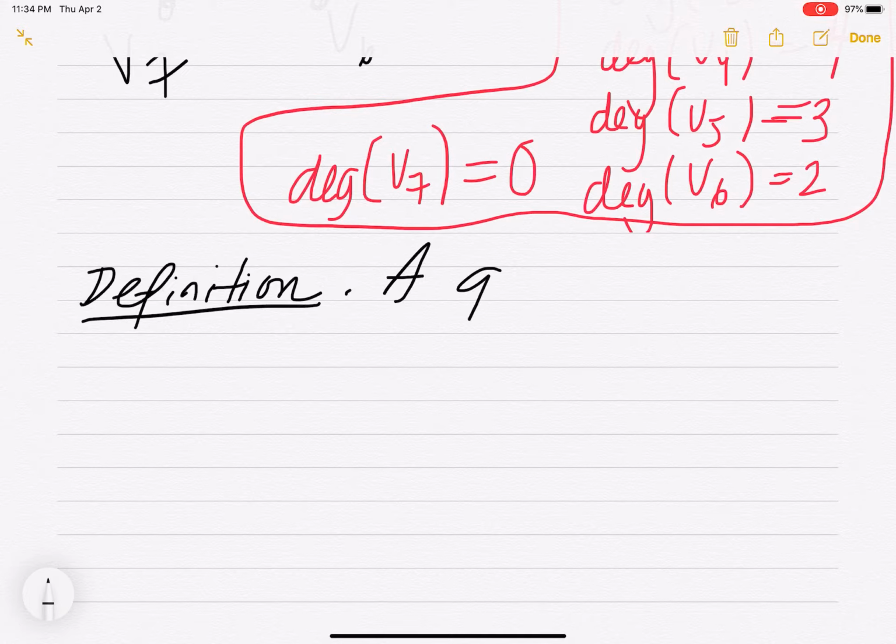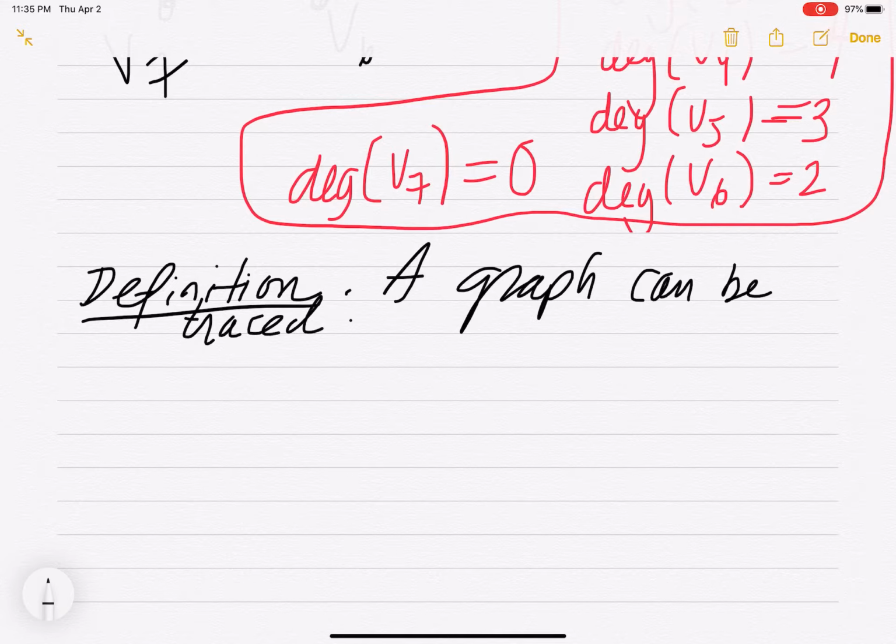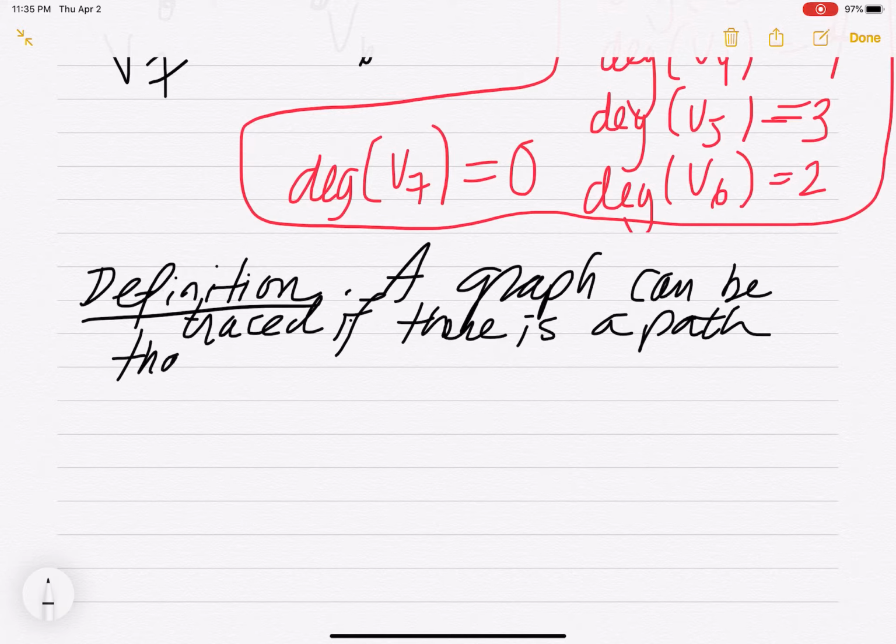A graph can be traced if there is a path that uses every edge one time.